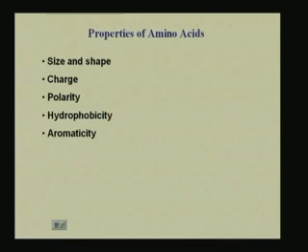Another one is the aromaticity. We find 3 amino acids that are aromatic in nature: phenylalanine, tryptophan and tyrosine. Okay? And as I mentioned before in the last class, it is these 3 aromatic amino acids that contribute to the absorbance of proteins.